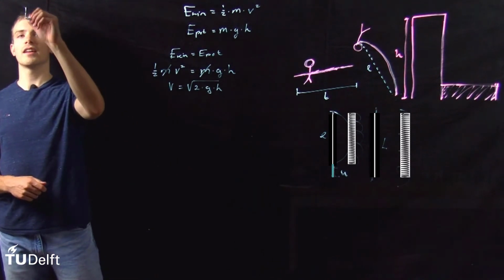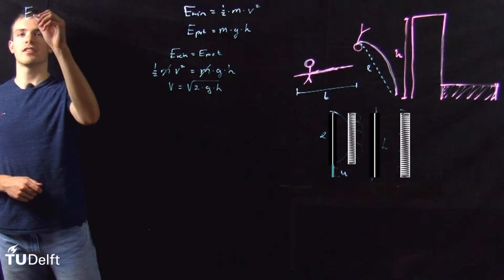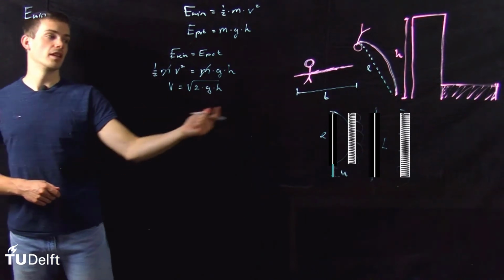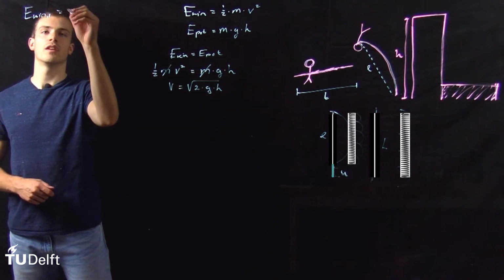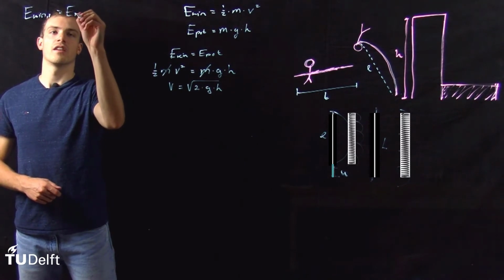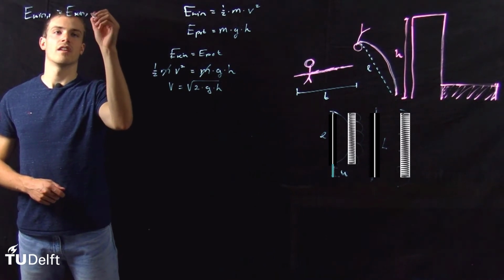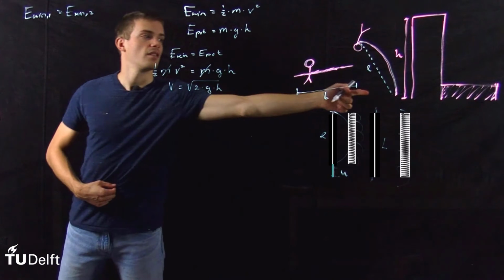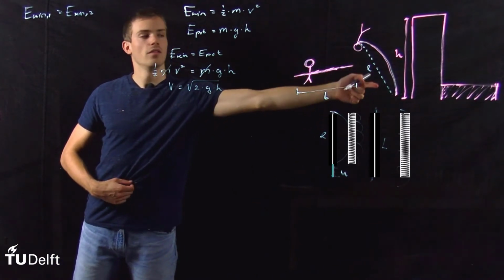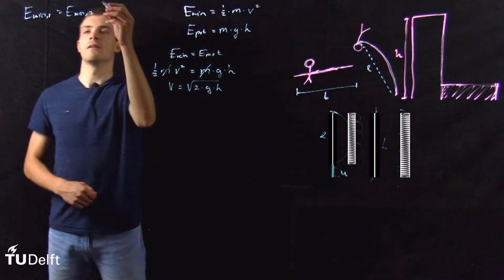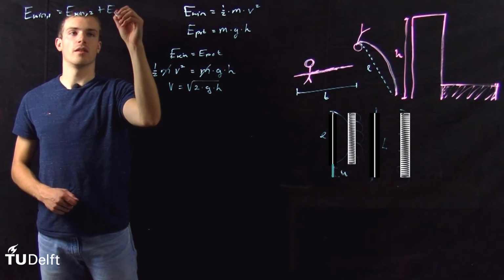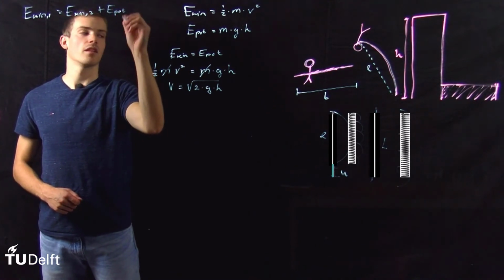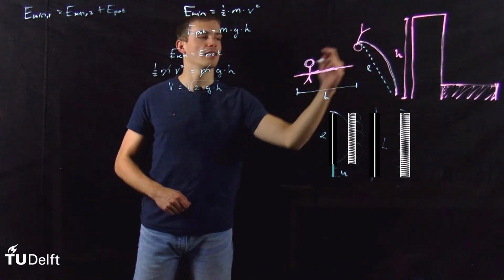We can write it as the kinetic energy at the beginning, which we call 1, is equal to the kinetic energy at the point of small l, plus the potential energy, because he also goes to a height.